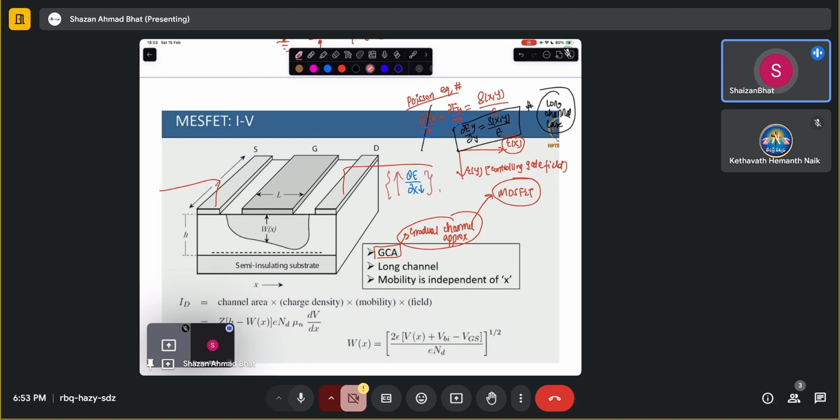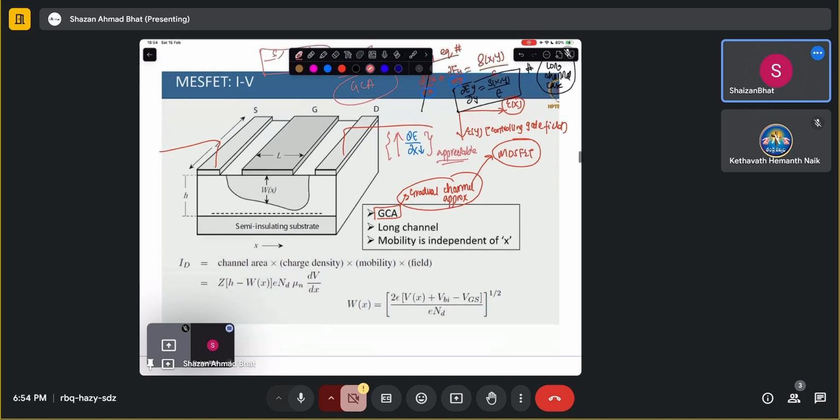So this factor will become appreciable and you cannot ignore it. If you have a source and drain closer in a short channel device, then you have to consider the variation along x and along y. I'm talking about the electric field variation. So that is the gradual channel approximation. It says that the potential or the field varies gradually across the channel.